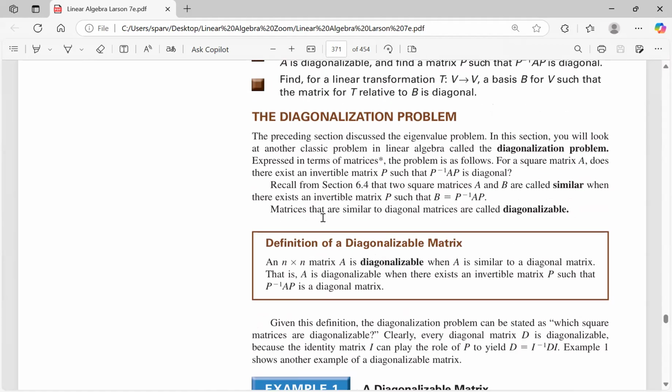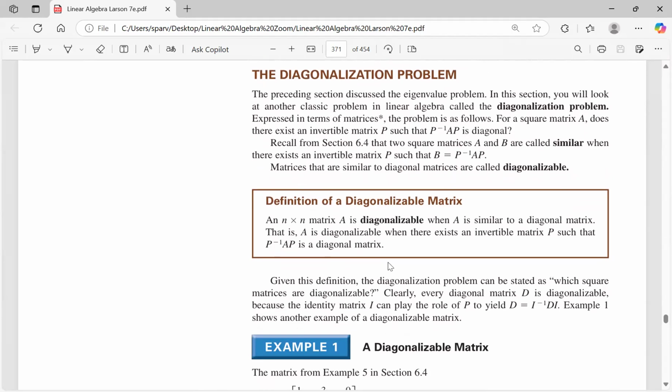So let's go through this real quick. First, similar matrices, because when we diagonalize, we create similar matrices. This matrix B, which is in the form P inverse AP, is going to be similar to matrix A. Here it says two matrices are similar when there exists... Chapter 6, by the way, we did not cover, but that's what this is.